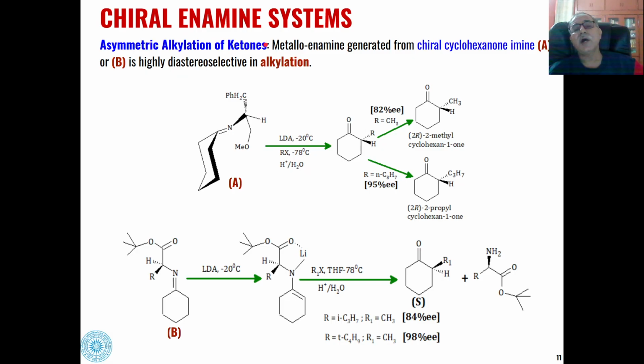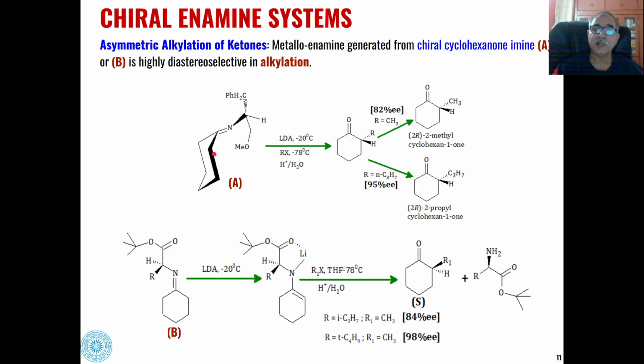Then chiral enamine systems can also be used for the synthesis of different types of asymmetric alkylated products, and most commonly these types of systems are used for alkylation of ketones. So these types of chiral cyclohexanonamines can generate enamines at any of these carbons.